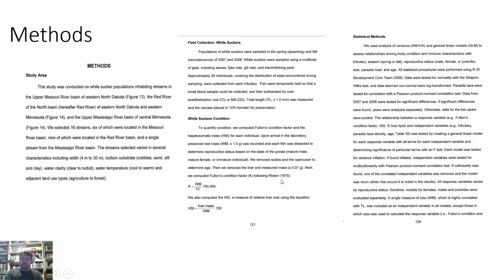For example, you can see that I have citations in this paper, like this Fulton condition factor. This equation came from Ricker, 1975. He's the individual that did this. This statistical method came from R Development Core Team in 2006.